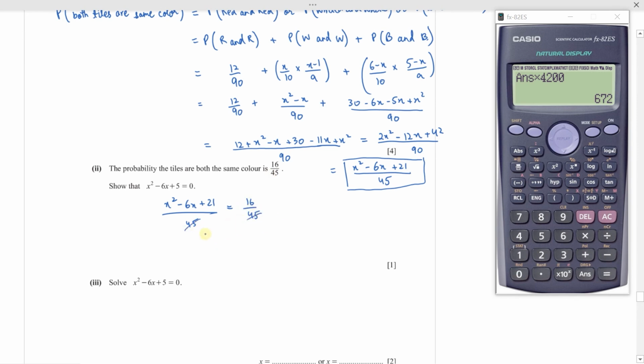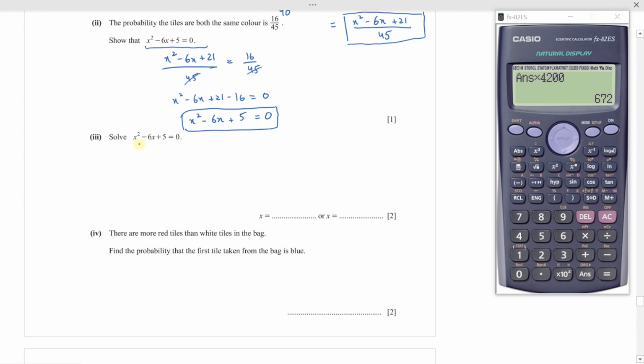So 45 cancels out. If I bring this 16 here, this will be x squared minus 6x plus 21 minus 16 equals 0. So x squared minus 6x, 21 minus 16 will be plus 5, equals 0. So this is what you had to show that was given in the question here: x squared minus 6x plus 5 equals 0.